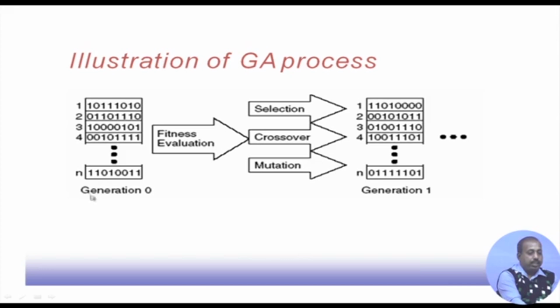Now, the point is that the population size over the generations remains unaltered. Here it was n, in generation 1 also it is n, in successive generations also it will be n. This mimics the behavior of natural genetics, but in natural genetics the advantage is that the population size is virtually infinite, whereas in this computer based simulation for genetic algorithms, the population size is not infinite due to the limitation on memory space and computational time.